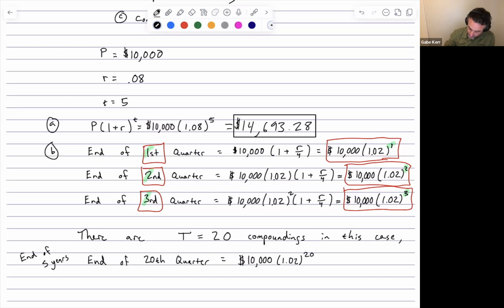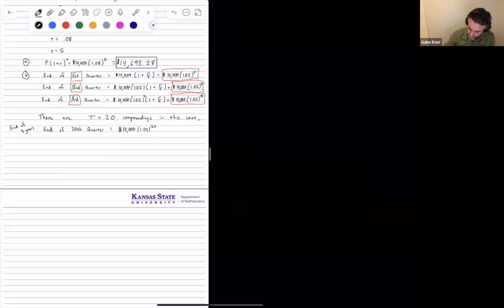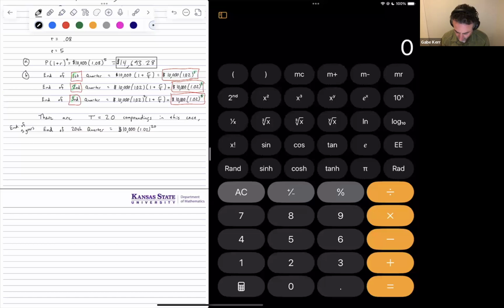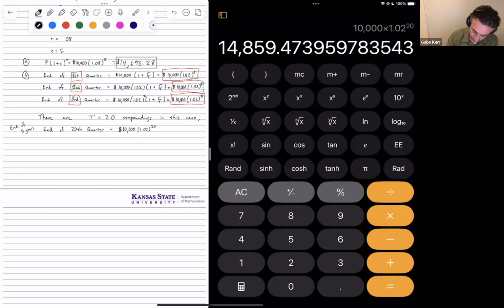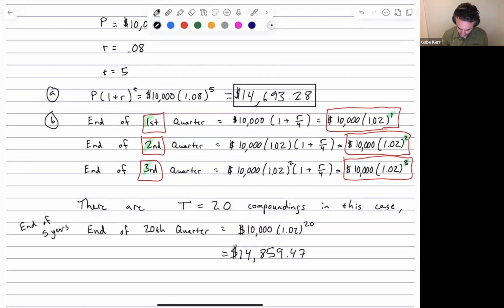So we can compute that: 10,000 times 1.02 to the 20th power is going to equal $14,859 and 47 cents. And that is the answer here.